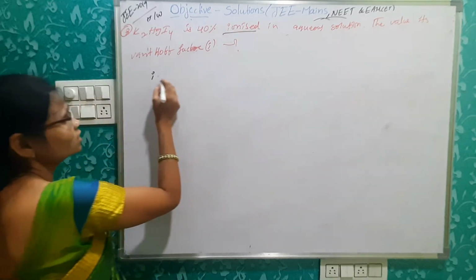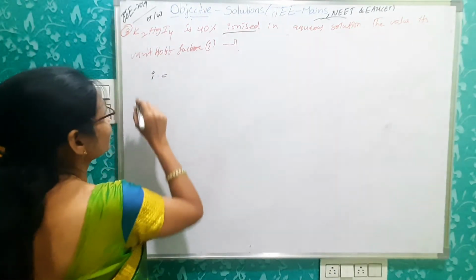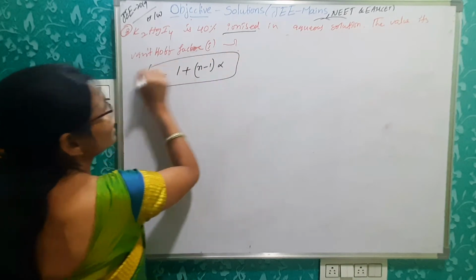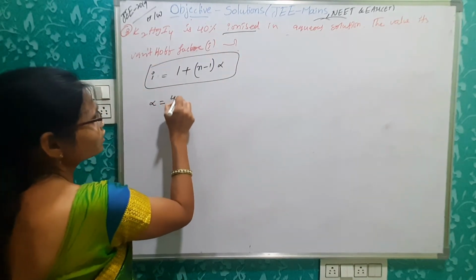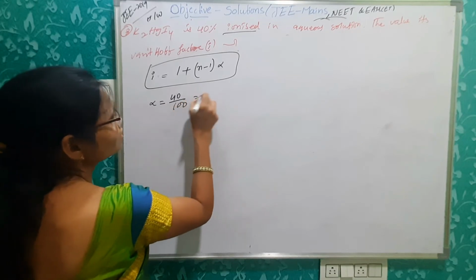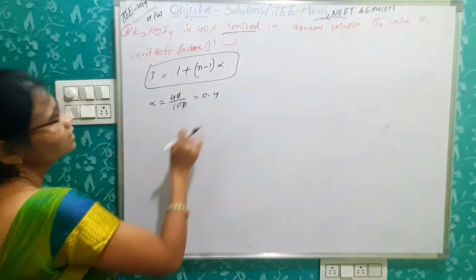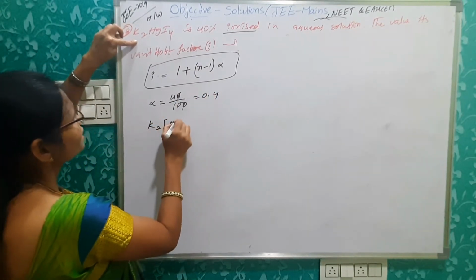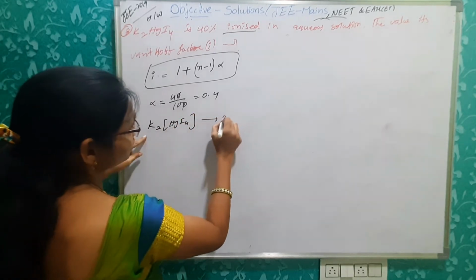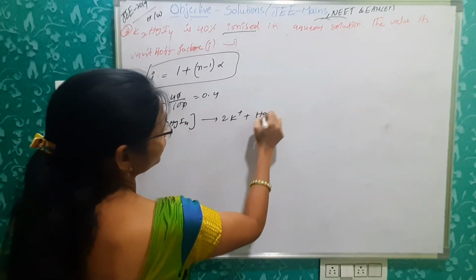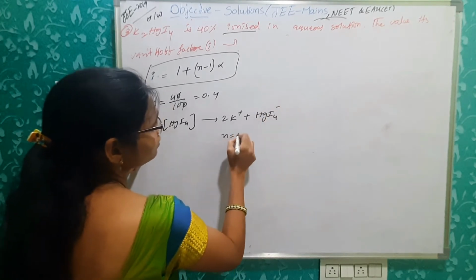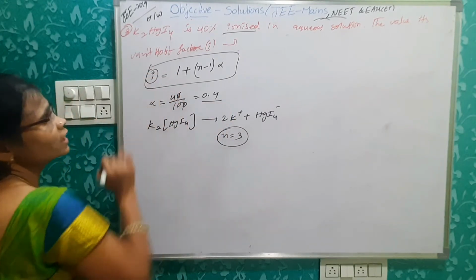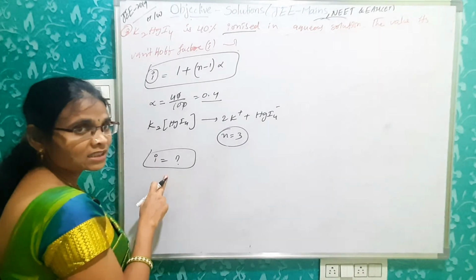For ionization or dissociation, the formula of i factor is i equals 1 plus (n minus 1) into alpha, no? 40% dissociation means alpha is equal to 40 by 100, that is 0.4. Now for n, K2HgI4 is a complex compound that dissociates to give 2 cations and 1 anion, so n is equal to 3. Here n equals 3, alpha equals 0.4. You have to calculate i, and write down the answer on the chat box.